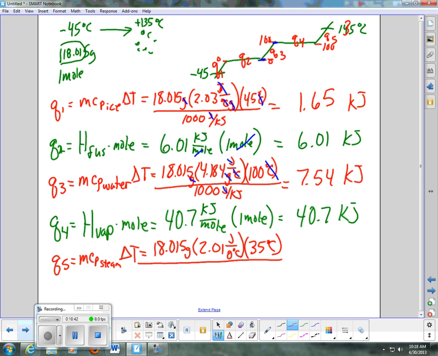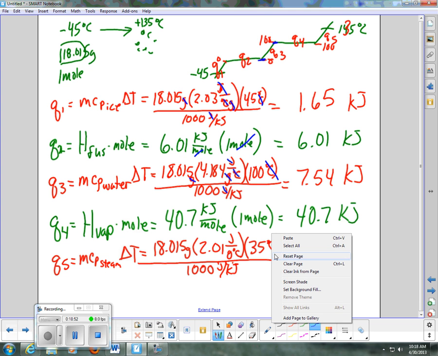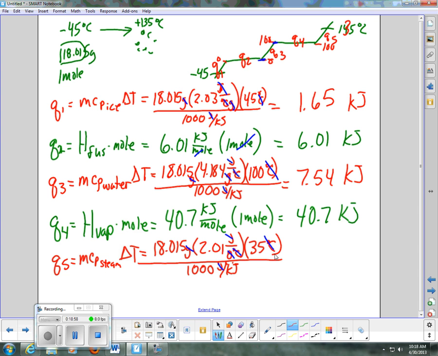And don't forget to divide that one by 1,000 joules per kilojoule. Then everything cancels. 1.27 kilojoules. Then we just need to add everything up.